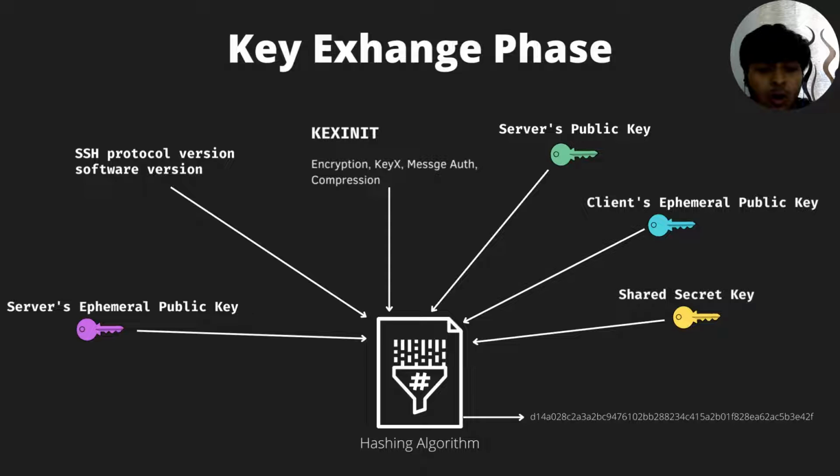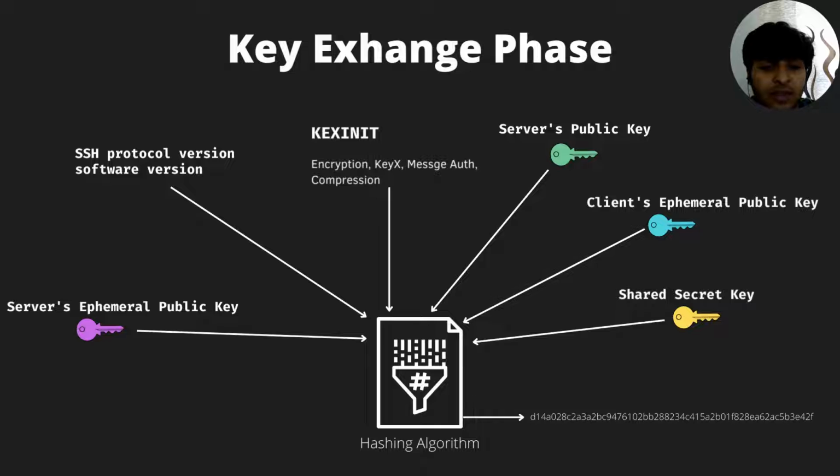The server also has a pair of public and private keys. These keys are different from the ones that we use in Diffie-Hellman. These are the host keys that the server uses in asymmetric algorithms such as digital signatures and digital certificates. Now, the server's public key is also an input to the hash computation. Then we have the client's ephemeral public key.